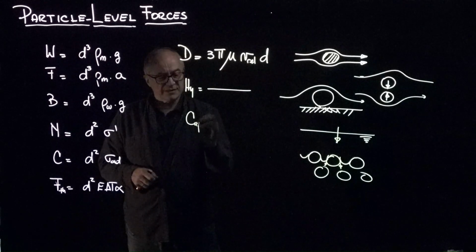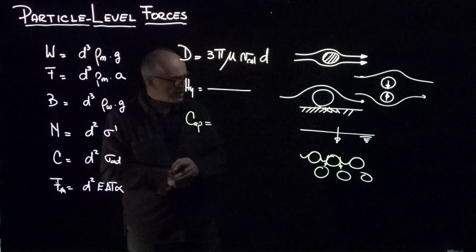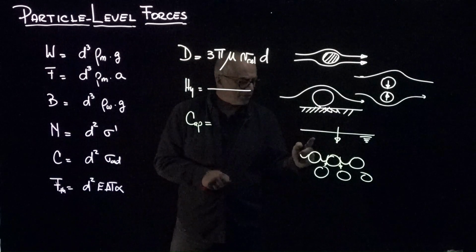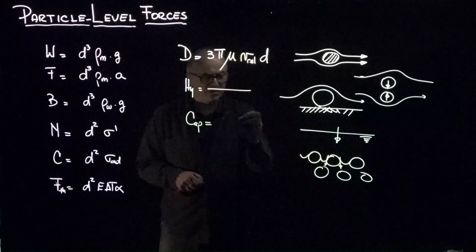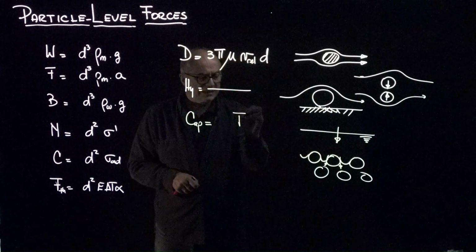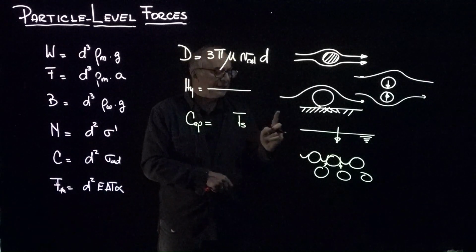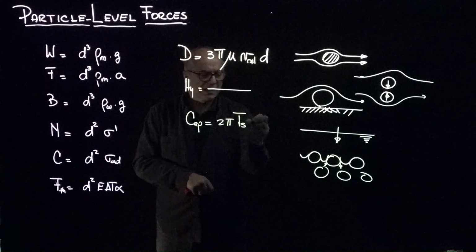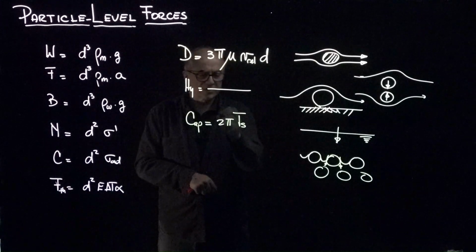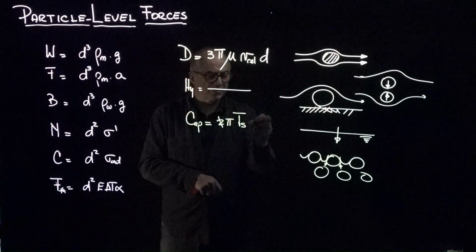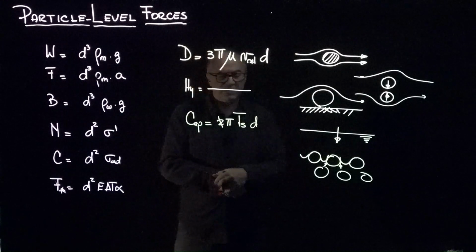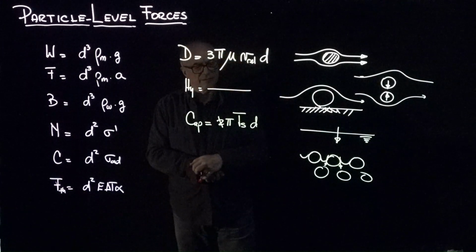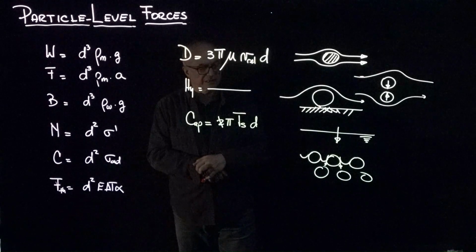We're going to call it Cp, the capillary force, which is going to be of the order of that interfacial tension, which we're going to call Ts, and it's acting all around the perimeter. So it's 2 pi r, and therefore we're going to cancel the 2 and put a d to estimate the force: pi surface tension diameter.